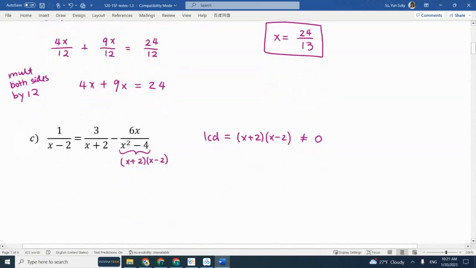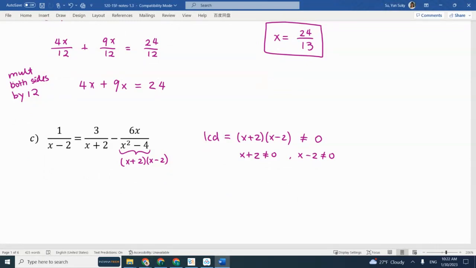Okay, so x plus 2 times x minus 2 not equal to 0. That means both factors cannot be 0.